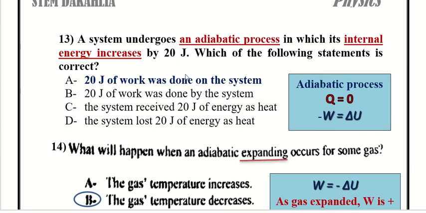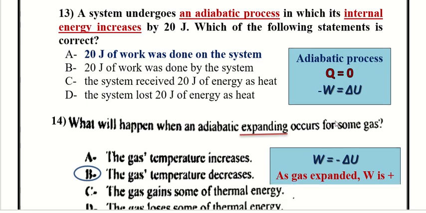Question number 13. A system undergoes an adiabatic process in which its internal energy increases by 20 joules. Which of the following statements is correct? In this process the quantity of heat equals 0, so as the internal energy increases, it will take a positive value and the work done will take a negative one.